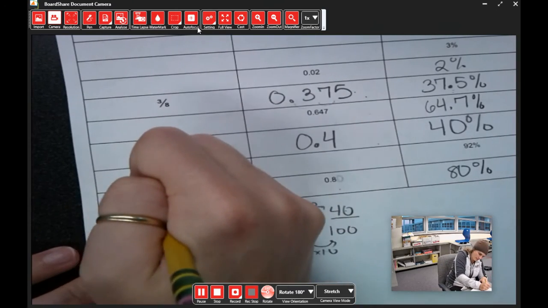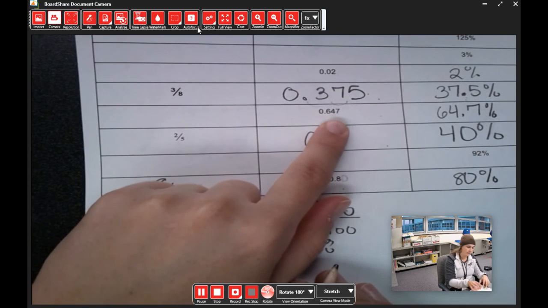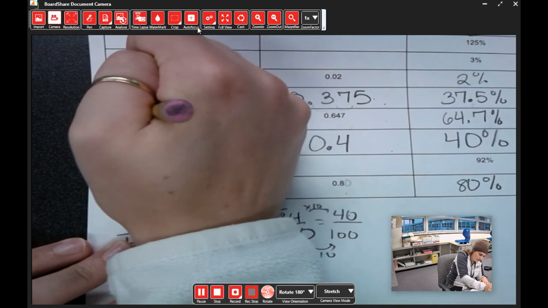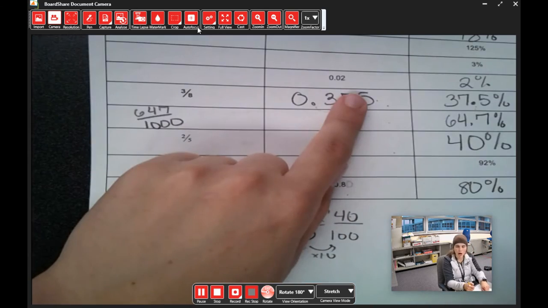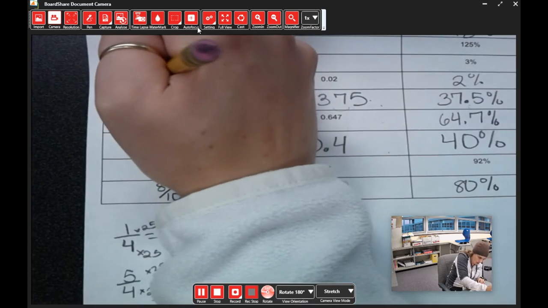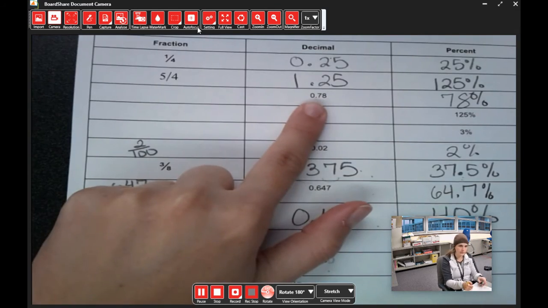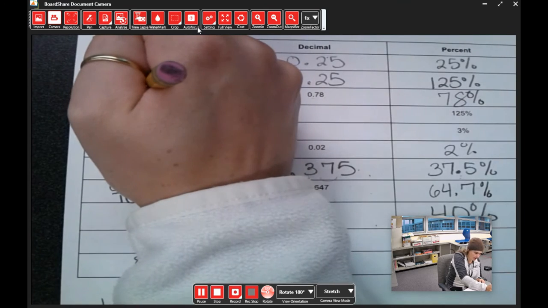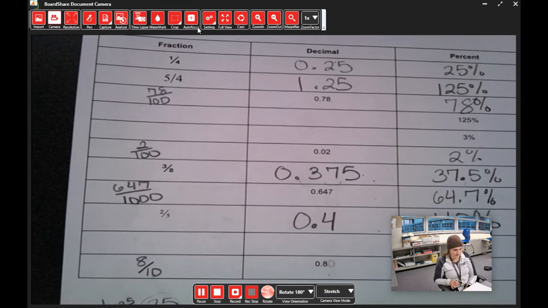So 8/10. 647 thousandths. 2 hundredths. 78 hundredths. I could stop here, but bonus points if you take these fractions and simplify them.